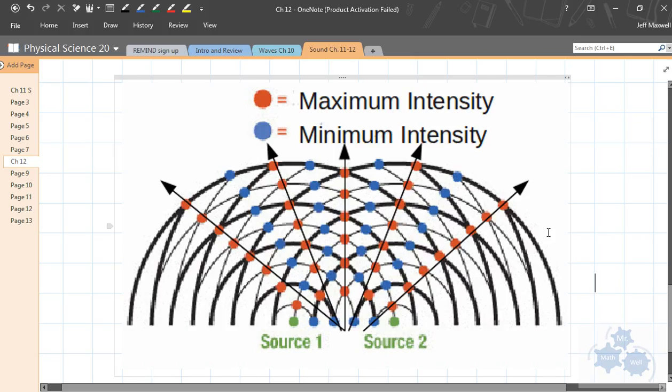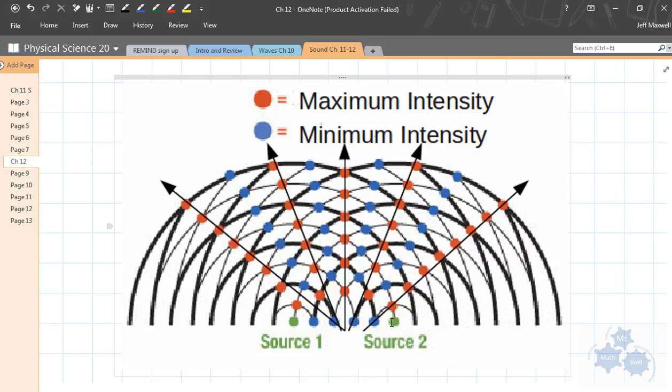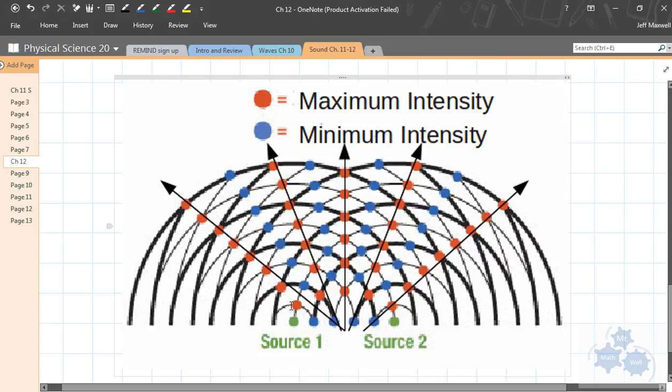All right, here's the example of source 1. That's the green spot right there. Source 2 is the other green spot over there. They are making identical sounds at identical frequencies. Each of these semicircular lines represents either a crest or a trough.